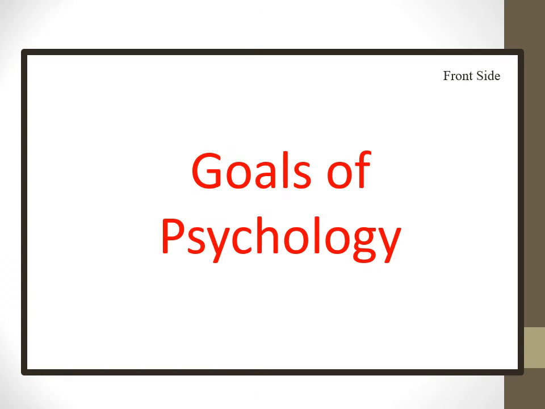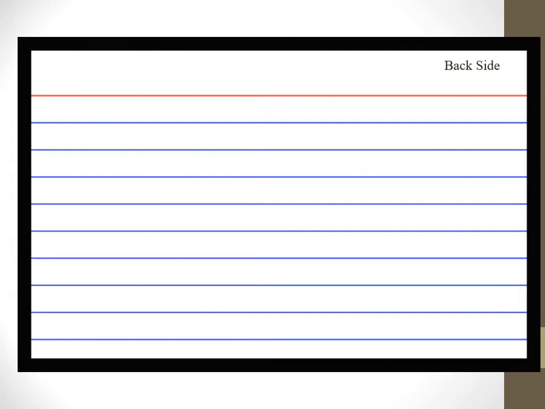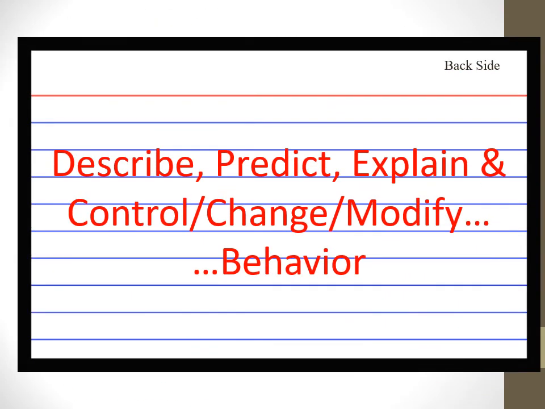Handy dandy index card, and the front side will say goals of psychology. On the back side, we are going to write describe, predict, explain, and control, change, modify behavior.